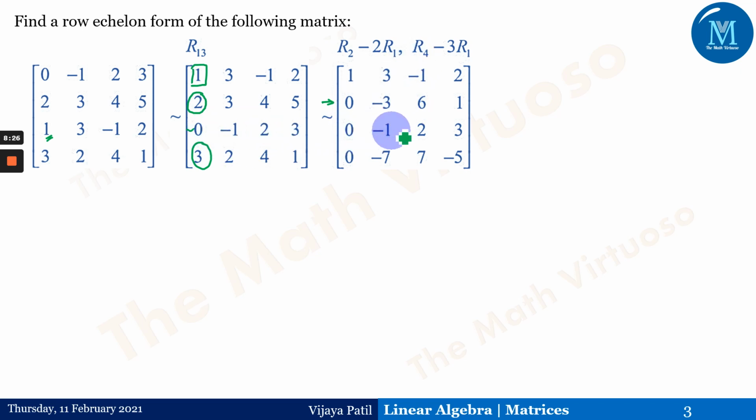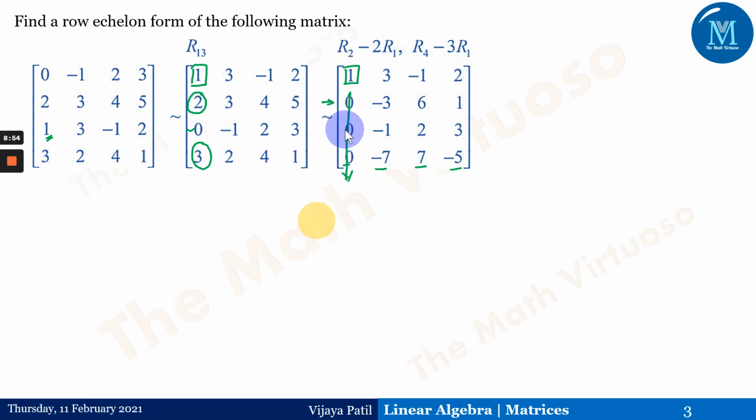Now the fourth would be R4 minus 3 times R1. So 3 minus 3 is 0, 2 minus 9 is minus 7, 4 plus 3 is 7, 1 minus 6 is minus 5. So this is the leading element 1, and below that it's 0.